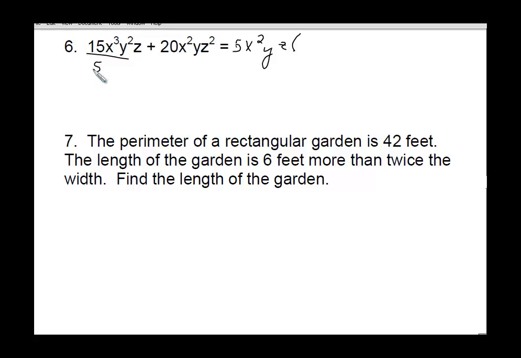When you divide each by 5x squared y, you end up with 3. 15 divided by 5 is 3. xyz plus 4. x squared over x squared is 1, y over y is 1, so you have z squared as your last term.